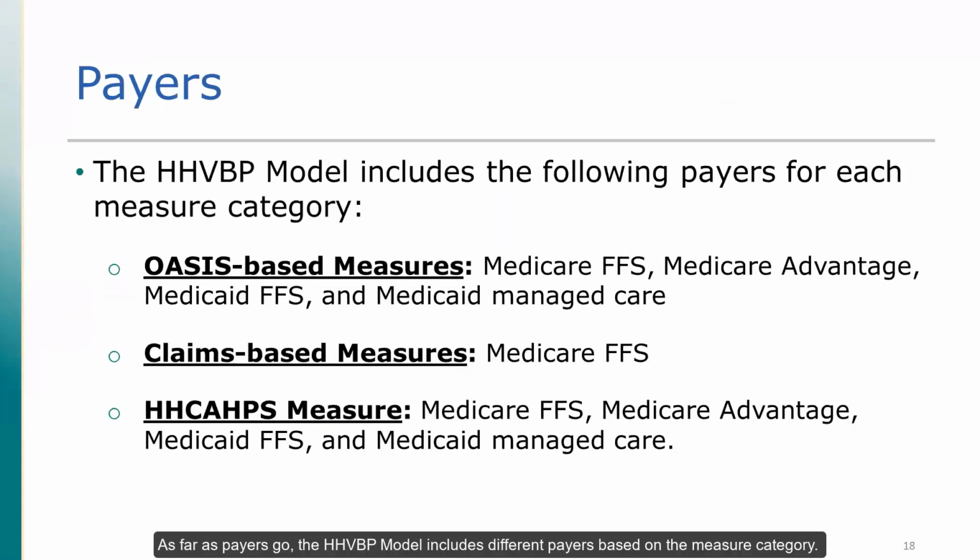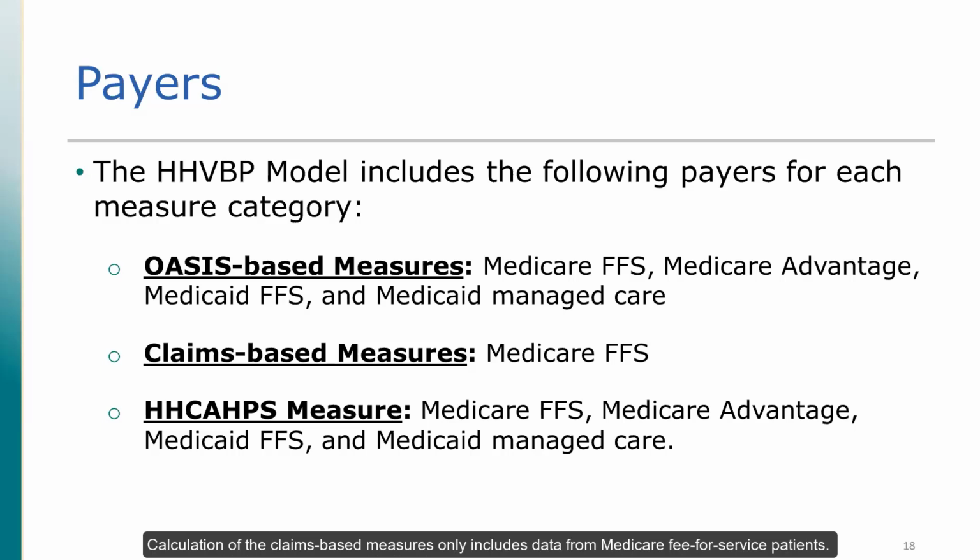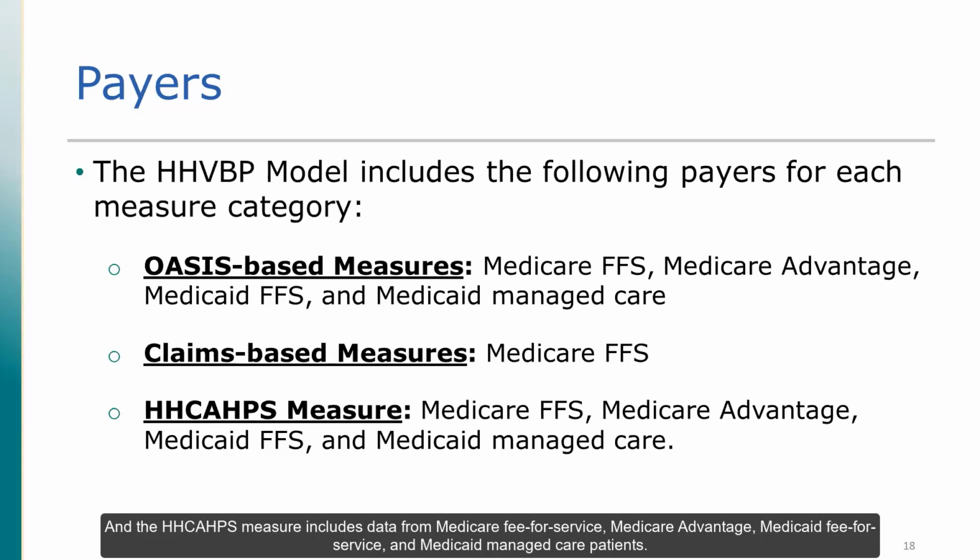As far as payers go, the HHVBP model includes different payers based on the measure category. Calculation of the OASIS-based measures includes OASIS assessment data from Medicare fee-for-service, Medicare Advantage, Medicaid fee-for-service, and Medicaid managed care patients. Calculation of the claims-based measures only includes data from Medicare fee-for-service patients.